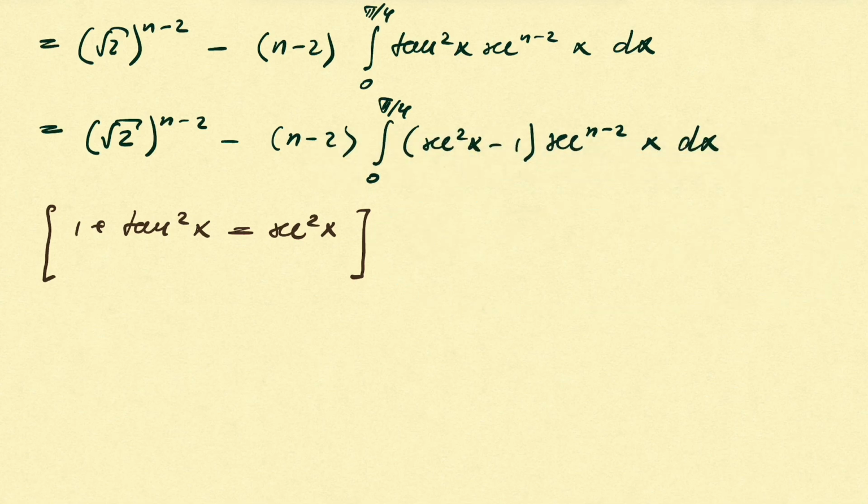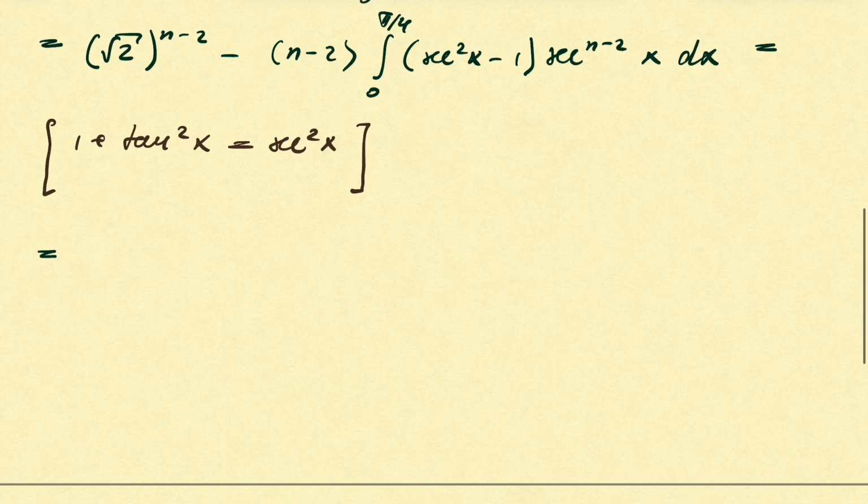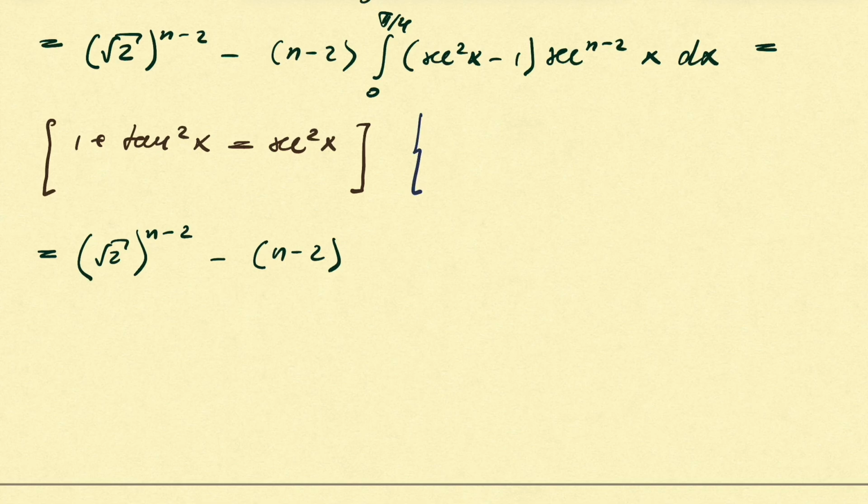Now we continue, we have square root of 2 to the power of n minus 2 minus n minus 2 times, I'll multiply this out here as a remark, secant to the n of x minus secant to the n minus 2 of x, and this thing is inside of an integral, right? We have the integral from 0 to pi over 4 dx.